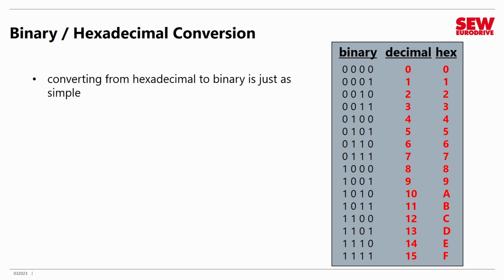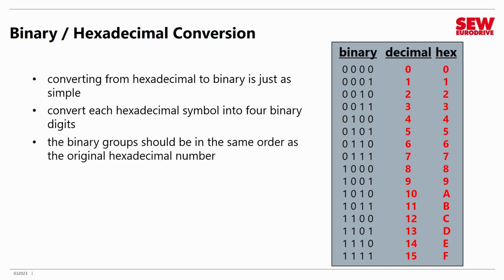Converting the other way is just as easy. Convert each hexadecimal symbol into 4 binary digits, 4 bits, again using the table or once you've memorized it, out of your head. The binary groups should be in the same order as the original hexadecimal number.